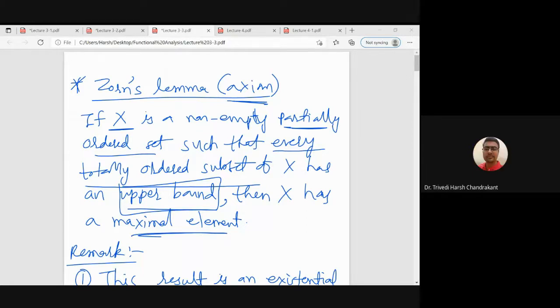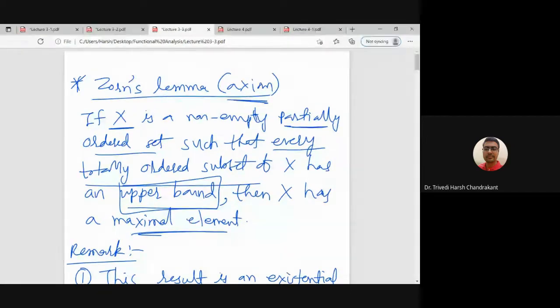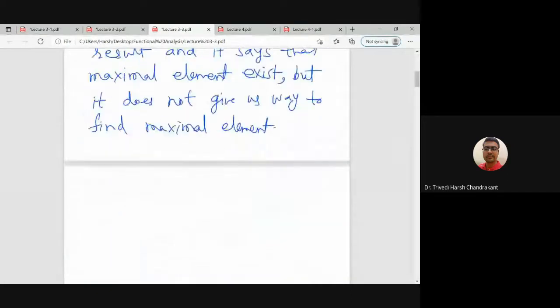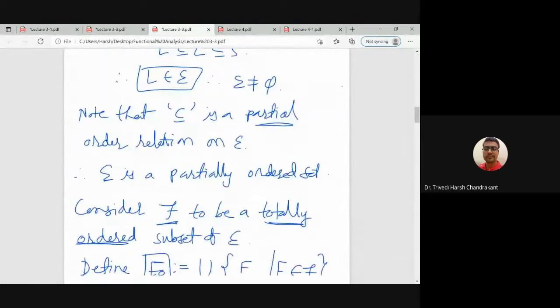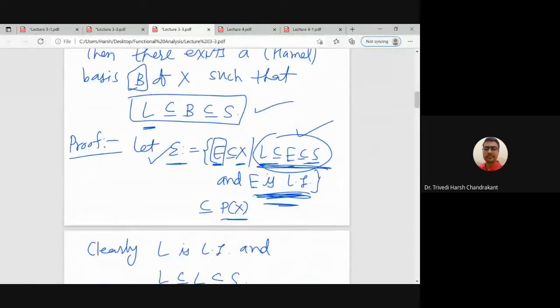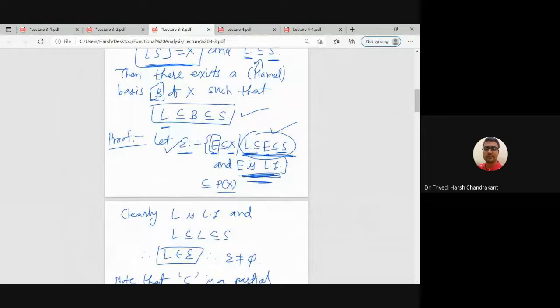Yeah. So what is the partially ordered set we are considering in this example, in this result? So here, what is the partially ordered set?